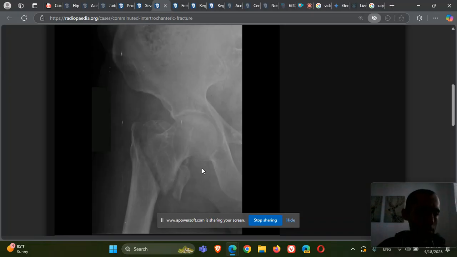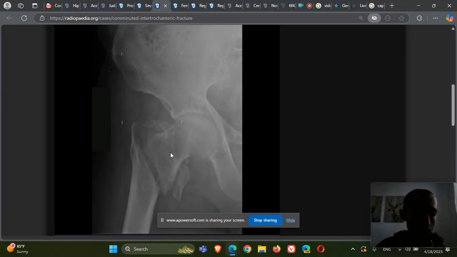I think I made a mistake. The valgus are considered non-displaced. Yes. Okay. The valgus are considered non-displaced and the varus are considered displaced. It depends on where the femoral head goes. So for femoral neck fractures, we're talking about non-displaced or valgus impacted, and femoral neck fractures which are displaced or varus angulated.